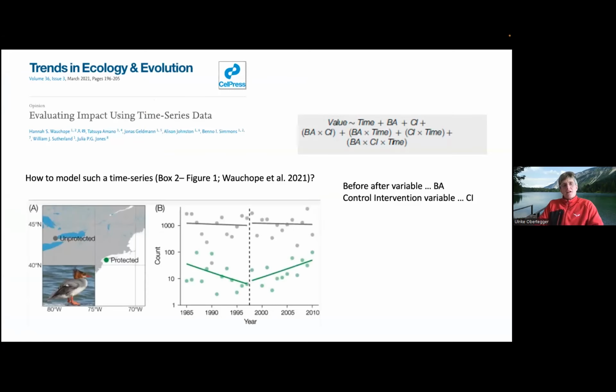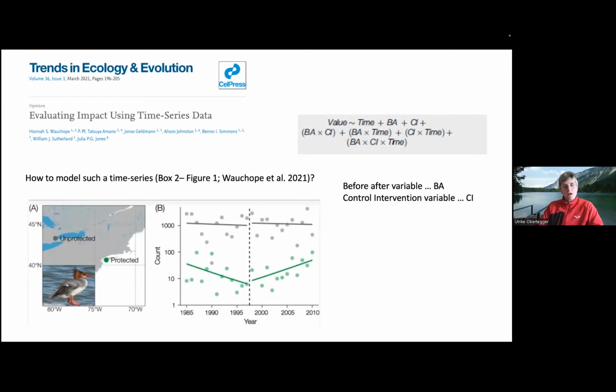So the idea of this workshop is based on this paper that came out in March, one year ago, and it's a very nice paper that evaluates the importance of change points in time series analysis. When I read this paper, figure 1 attracted my attention because there was this example of a time series.